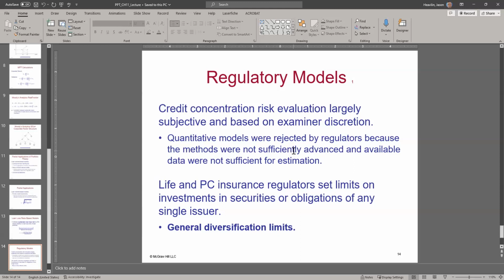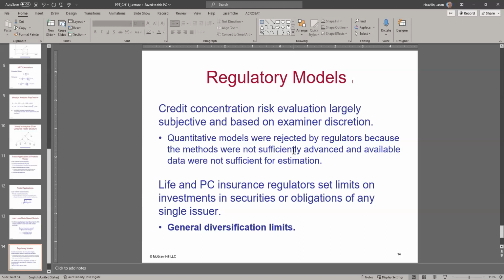There used to be quantitative models to say, well, when the regulators or the examiners come over in any legal environment, we're going to put a number to it. However, as you can see there, quantitative models were rejected by regulators because the methods were not sufficiently advanced and available data were not sufficient for estimation. So it was a bad predictor, a bad estimator, I should say. The models that we had were not very good at estimating.